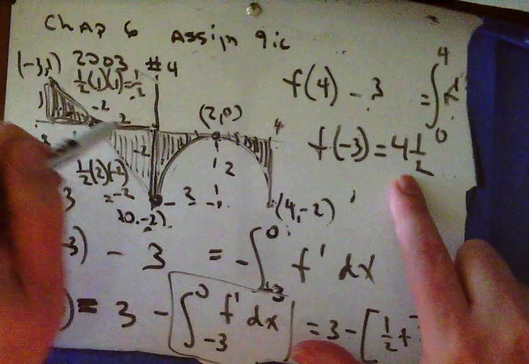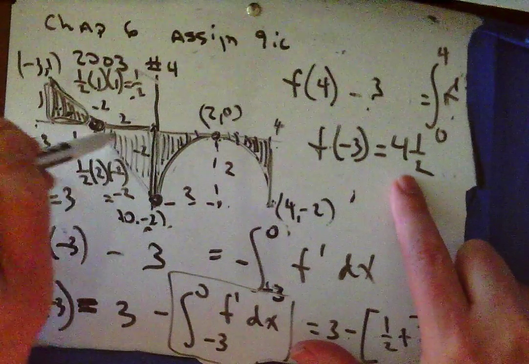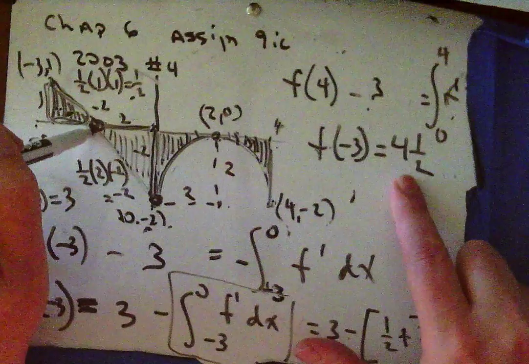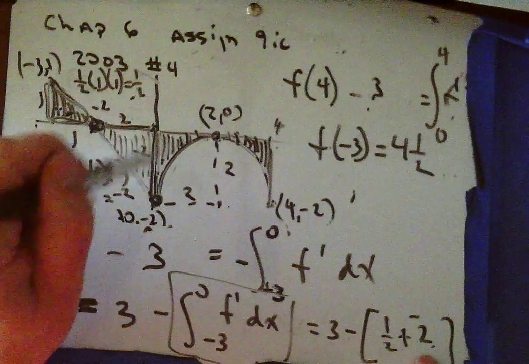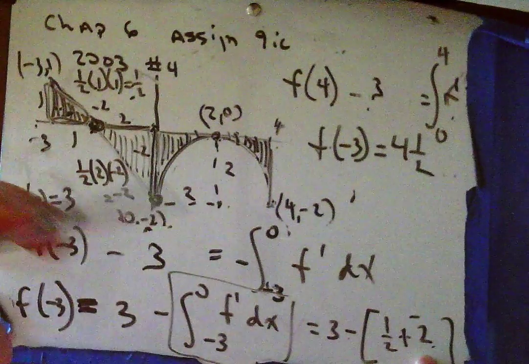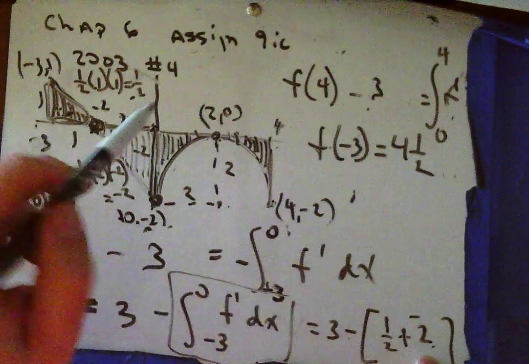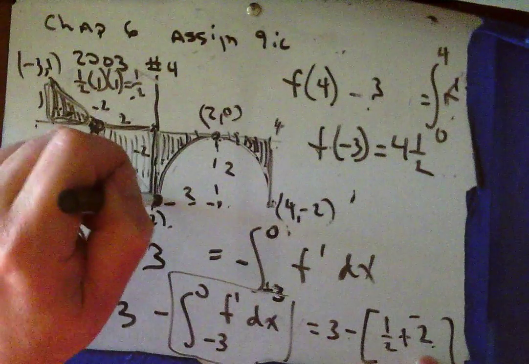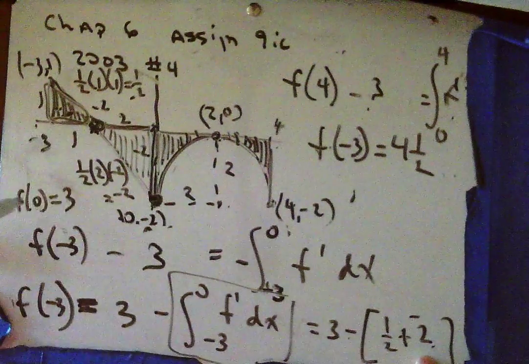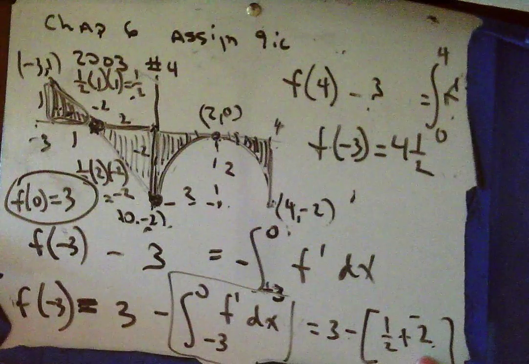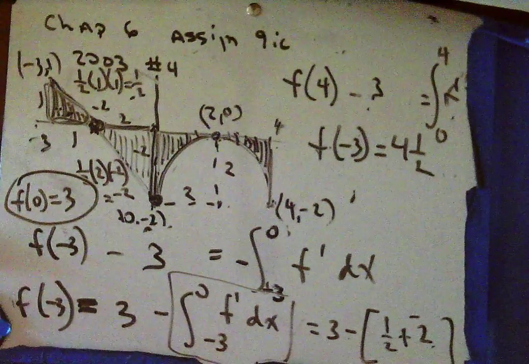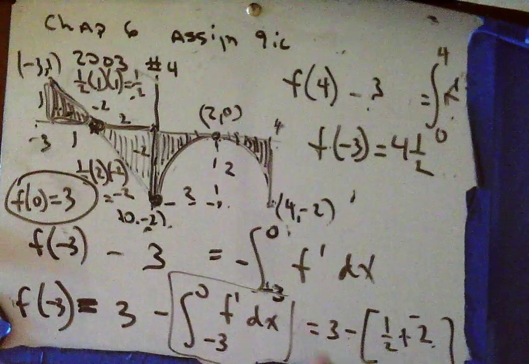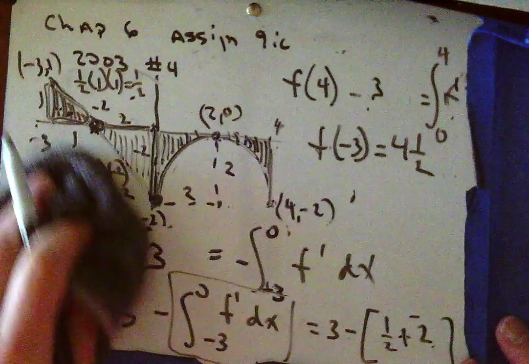As I go from negative 2 to 0 with all this, I was at 5, and now I want to go 2 away from that. So 5 minus 2 is 3. And so when I get to 0, f of 0 has to be 3. Right. Okay.